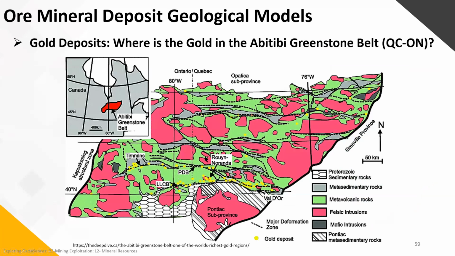Three things we can see right away without even going into the field: these are mainly situated wherever we have main structural deformation zones, which are the dotted lines, where we have a drastic change in geological lithology, either between sedimentary and volcanic rocks, or sedimentary, volcanic and intrusive rocks.